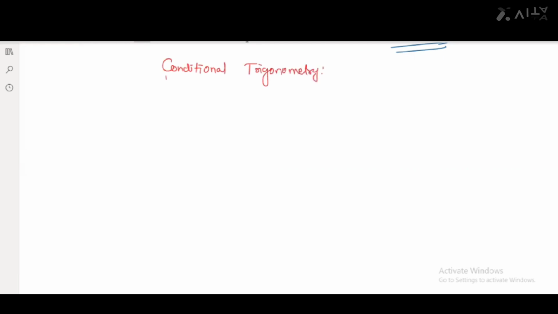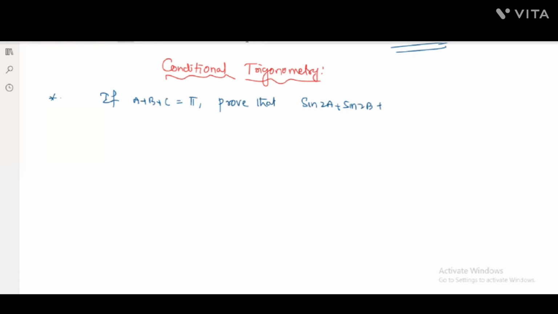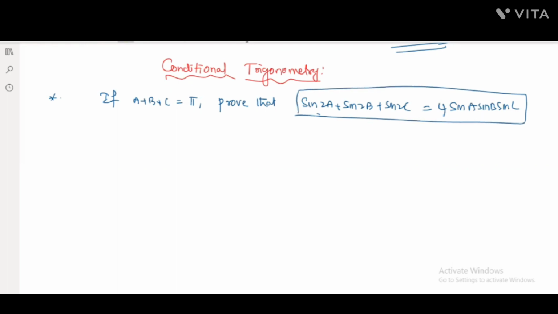In conditional trigonometry, generally they'll give something like this: if A plus B plus C is equal to pi, meaning 180 degrees, prove that sin 2A plus sin 2B plus sin 2C is equal to 4 sin A sin B sin C. This is the direct formula when A plus B plus C is equal to 180 degrees.